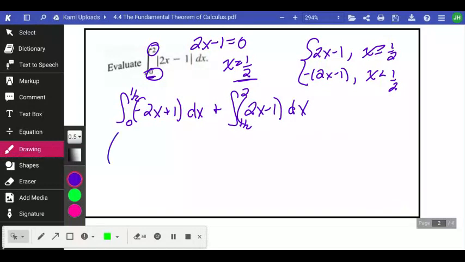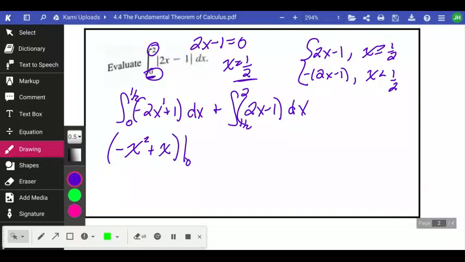What is the antiderivative of negative 2x? Increase the power, divide by that power. What do you get? The current power is 1, so my new power will be 2, and then I'll divide by 2. Negative 2 divided by 2 is just negative 1, okay? And the antiderivative of 1 is just 1x, good.